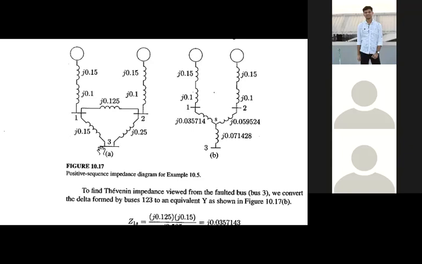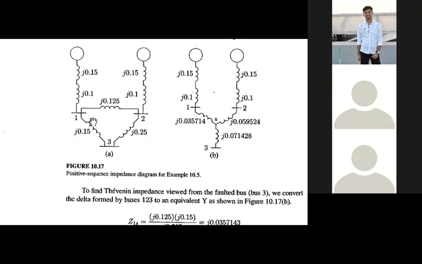Because our objective was to get the equivalent impedance across bus 3, because bus 3 has the fault. So we have to determine the bus 3 Thevenin equivalent impedance. To do that, we have the circuit, and that circuit has some delta. If we have delta, we cannot find the equivalent impedance simply. We have to shift that delta to Y, the equivalent of the delta network, to get the impedance calculation for the Thevenin circuit across bus 3.